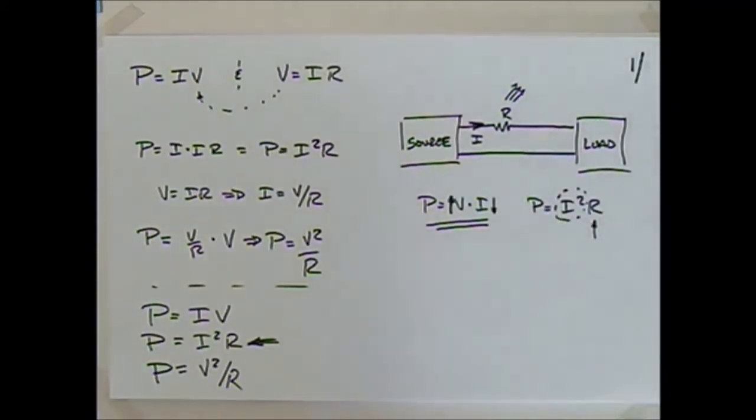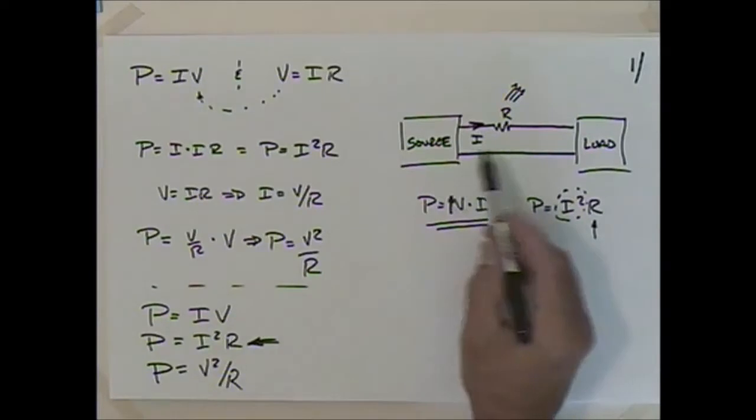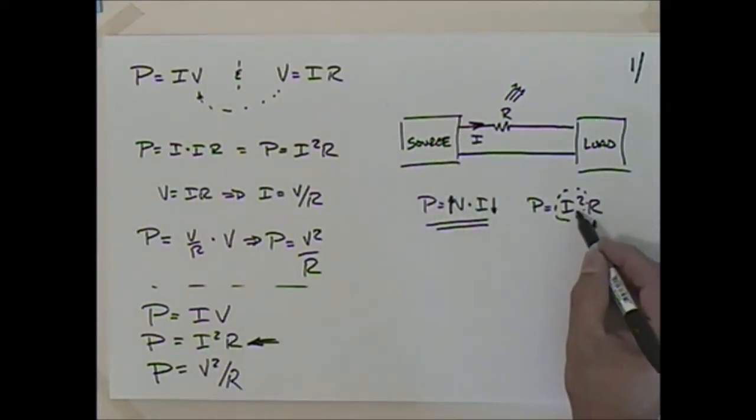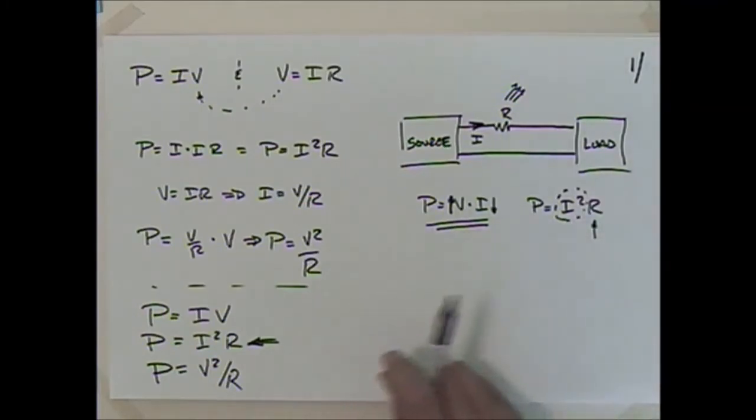With DC, it's not so easy to do that. So AC has some real advantages there, and we'll see that when we start talking about AC towards the end of this and most of next term. But if you're going to send power long distances, you're going to try and do it at as small a current and as large a voltage as possible.